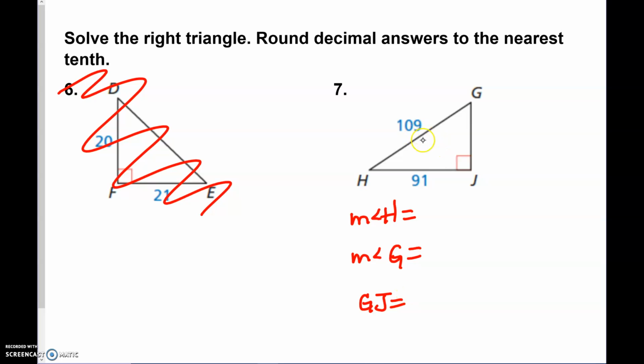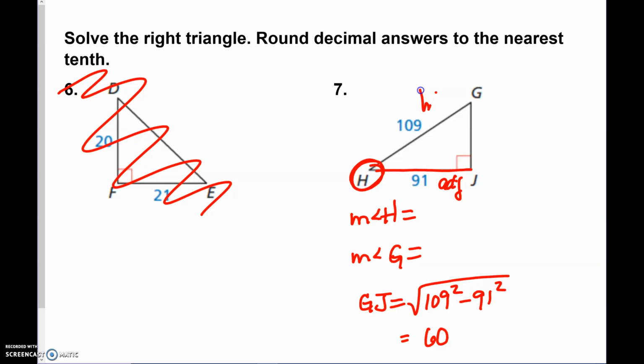All right, so this is a hypotenuse and a leg, so I'm going to take the square root of 109 squared minus 91 squared. And this actually comes out to be a nice whole number, 60. So this is one of those Pythagorean triples we were talking about. Now I'm going to do this from H. From H, what do I know? Well, this is the side adjacent, and this is your hypotenuse.